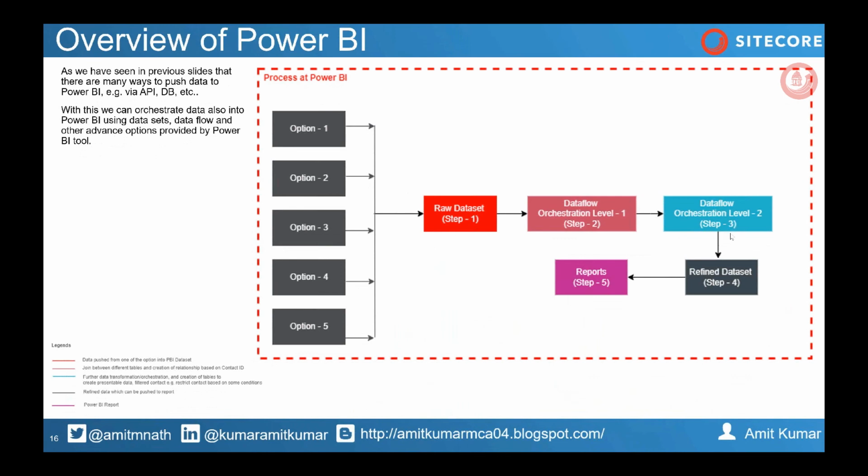Now coming to data flow step 3. Suppose in the second step, you have just orchestrated one level of data, like converting JSON data to a normal table. Now in step 3, we will provide more granular data orchestration, or data massaging.